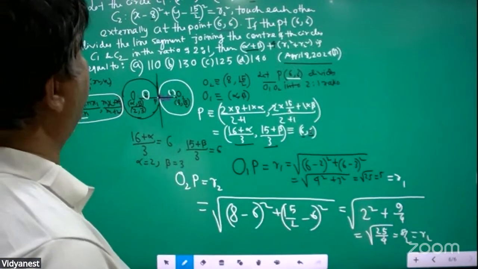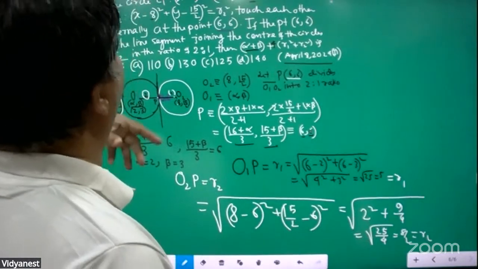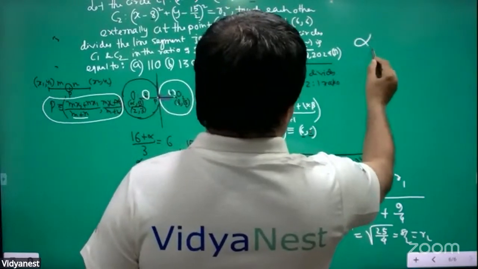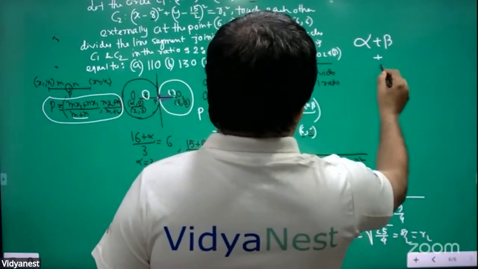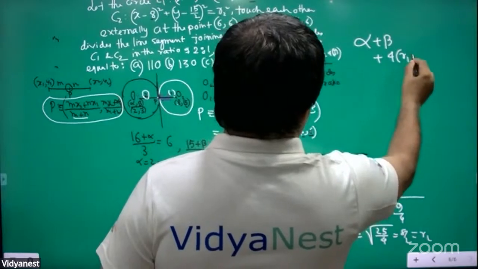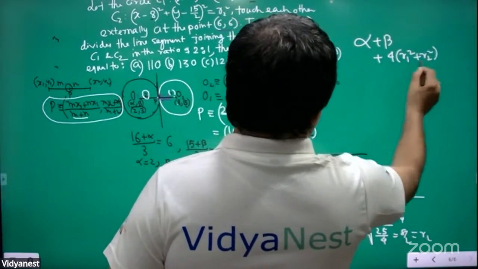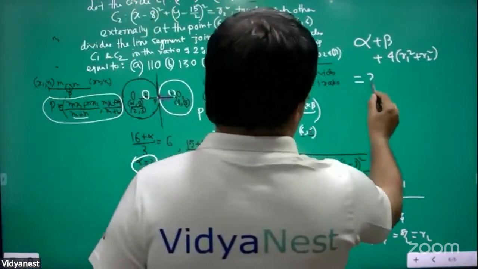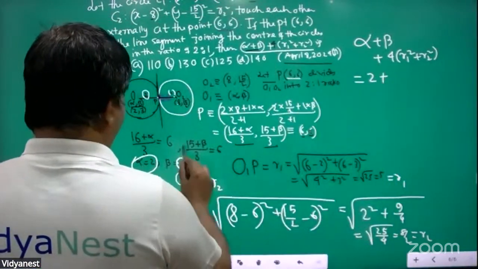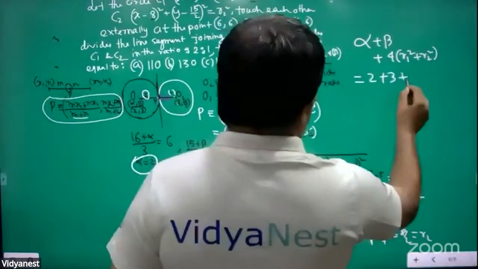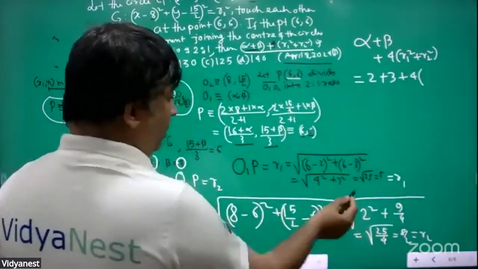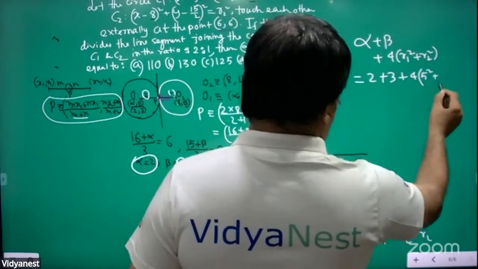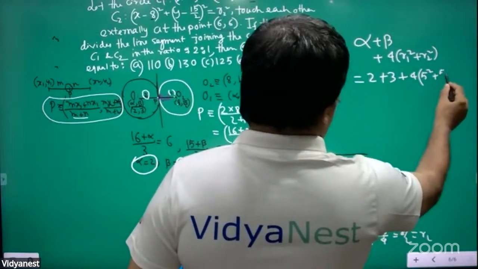Now just observe the question. What is given? Alpha plus beta plus 4 R1 square plus R2 square. What is alpha? 2. What is beta? 3. What is R1? Just now we got 5. And R2 is 5/2, whole square.